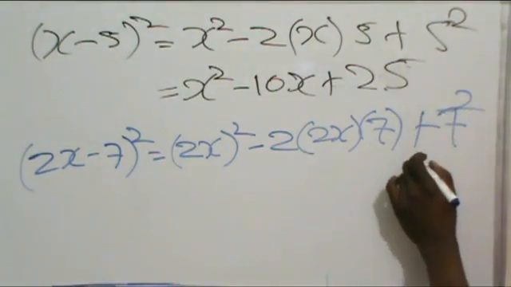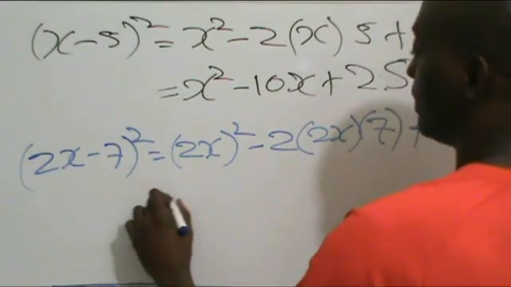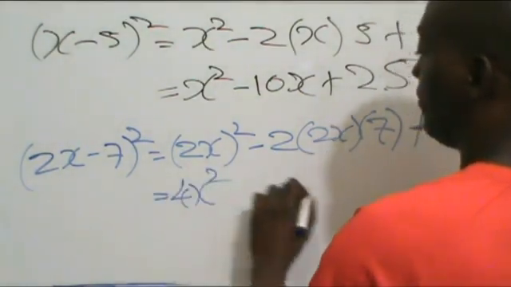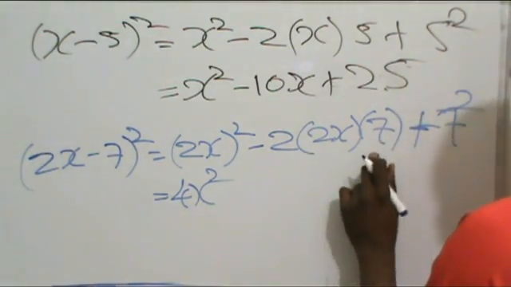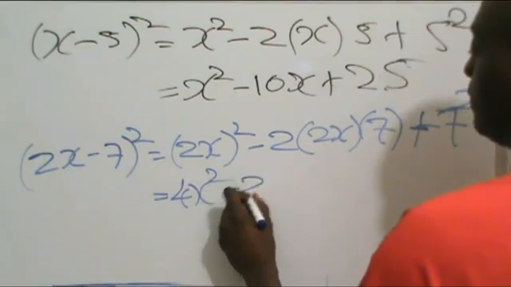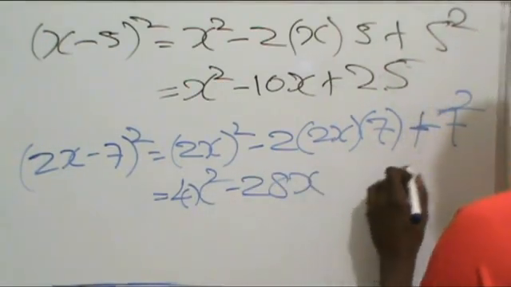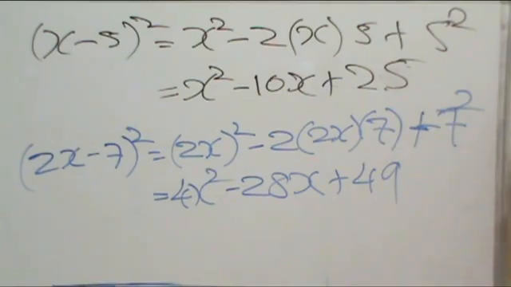Resist the temptation to put minus here, right? That you will solve by practice. So (2x) squared will be 4x squared minus 2 by 2x by 7. 2x by 7 is 14x. 14x by 2 is minus 28x. 7 squared is still 49.